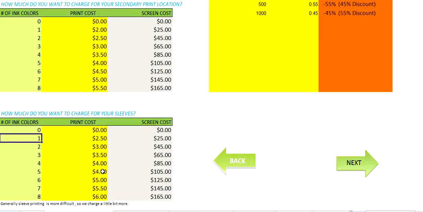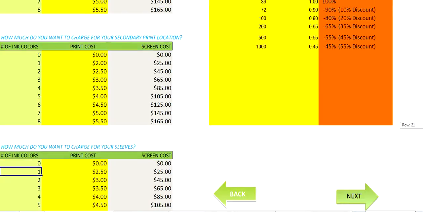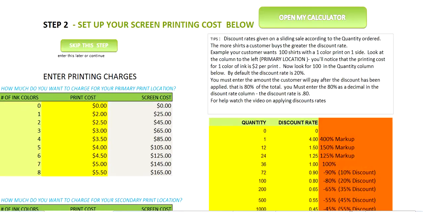And that's just because sleeves are a little bit harder to print. Pocket prints, if they're actually on a pocket t-shirt, those can be a headache. You've got to get your alignment together. However, whichever way you charge, you want to go in and enter that number here for however much you charge per print location.